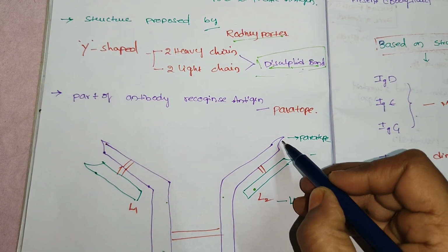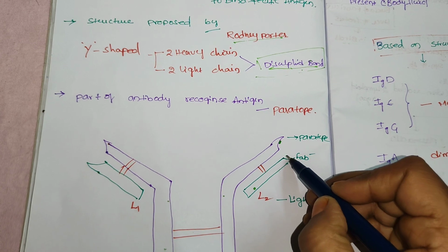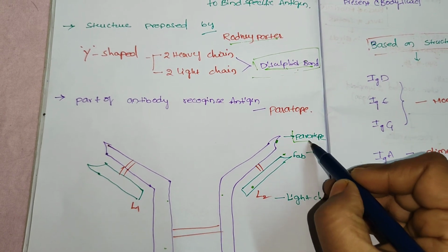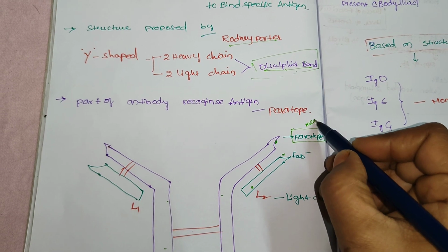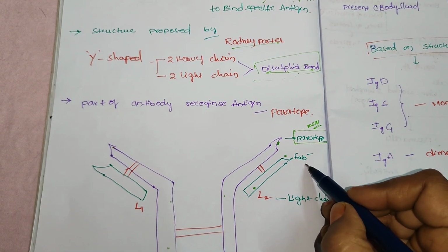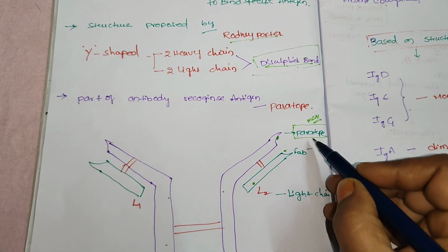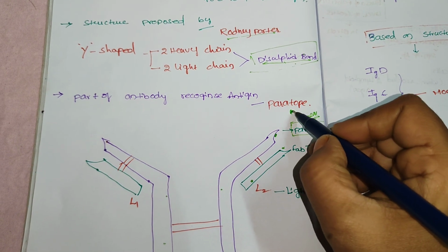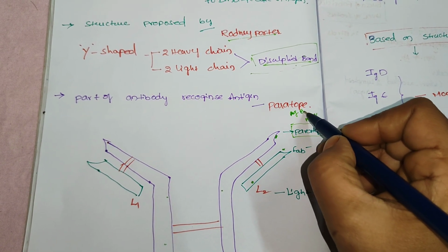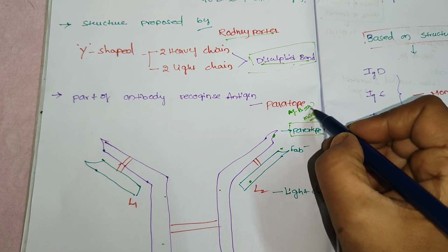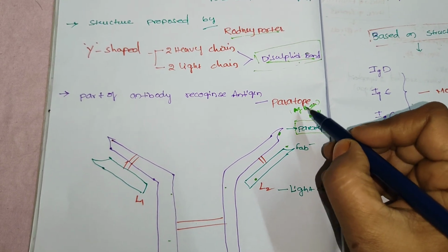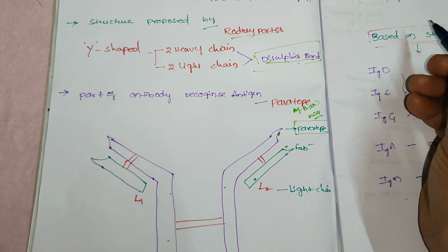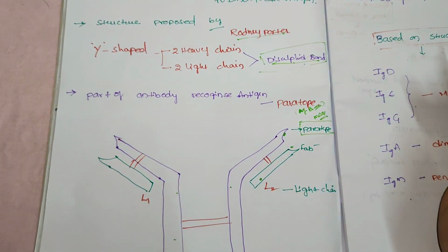One more interesting thing: the antibody will bind to the antigen to do the defense mechanism reaction. It has a structure called paratope. What is paratope? This is an MCQ for MCET and NEET. It means antigen binding site. Paratope is an antigen binding site, and it is a part of the antibody. But one more structure is there in the antigen, the epitope.